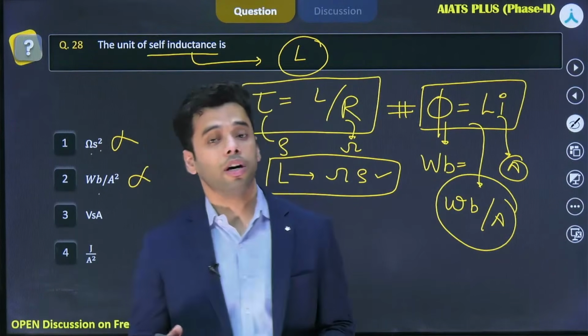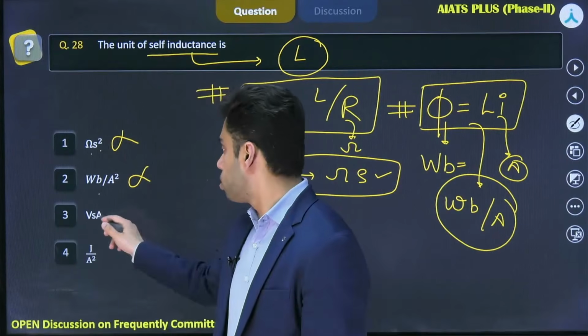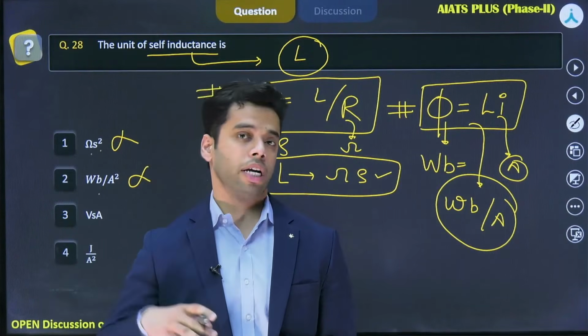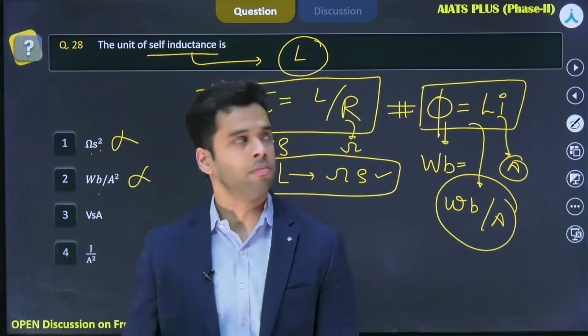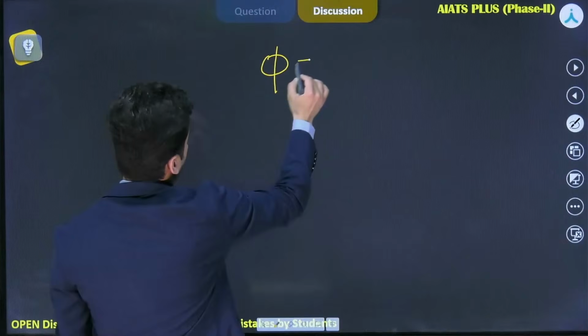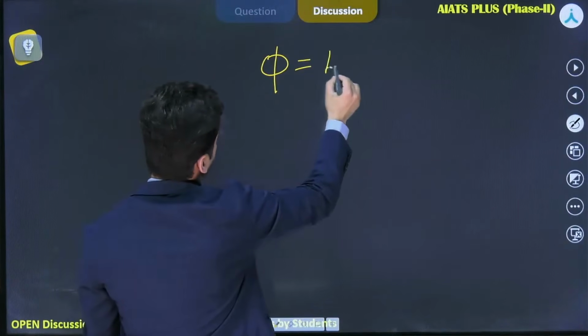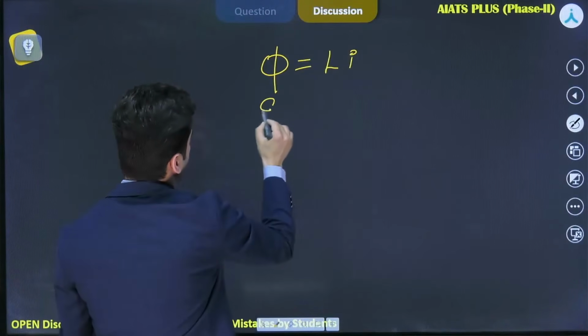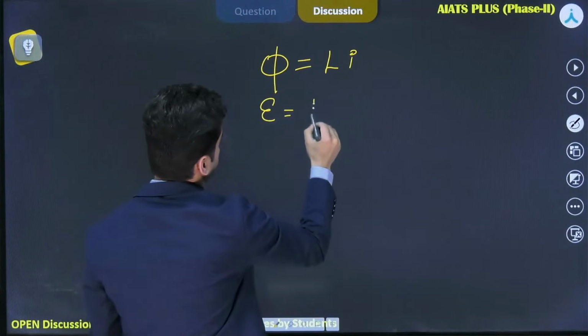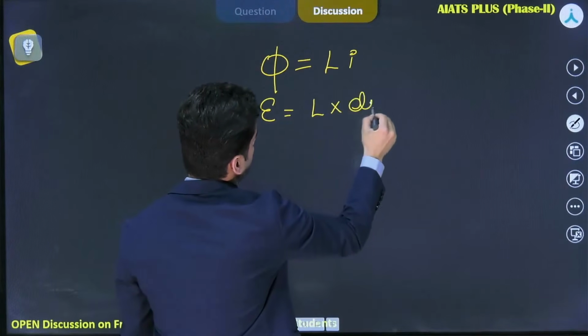Now let's talk about the third one. You have volt, second and ampere. Any formula that deals with EMF, current, time and the self-inductance? Phi is given as Li, the magnetic flux. And we know that induced EMF, I'm writing only the magnitude part, is d phi by dt. So it is written as L into di by dt.